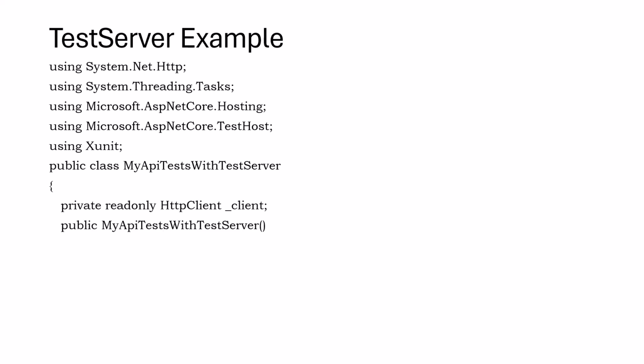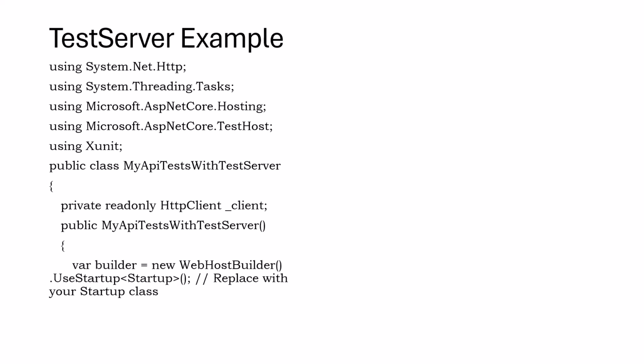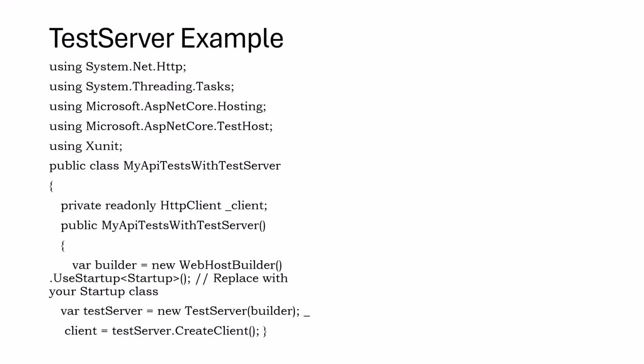Again we create a read-only variable HttpClient _client, and then in the public constructor we initialize a builder object, new WebHostBuilder().UseStartup, replace with your startup class. Because my startup class will be the Program class, I will replace it in the actual code with Program. And then the test server is new TestServer, and I pass this builder object, and then the client is testServer.CreateClient. So we call the CreateClient method of the test server object.